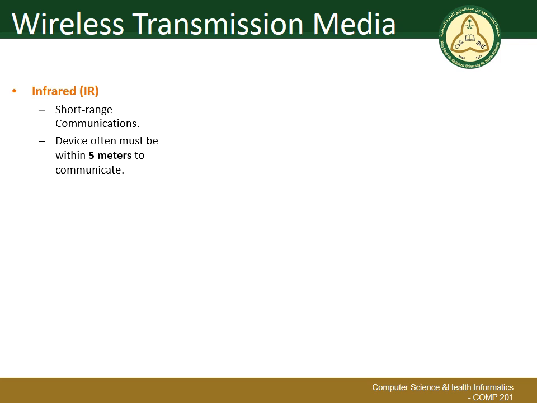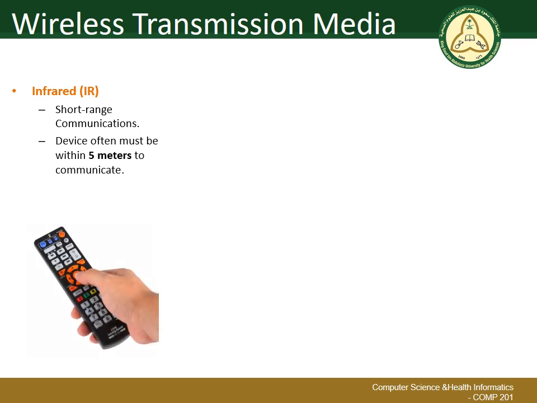Before we go further, let's look back at the main differences between twisted pair and coaxial cable. Coaxial cables are generally used for cable transmission, cable television, and internet connection. Twisted pair cables are usually used for telephone connection.